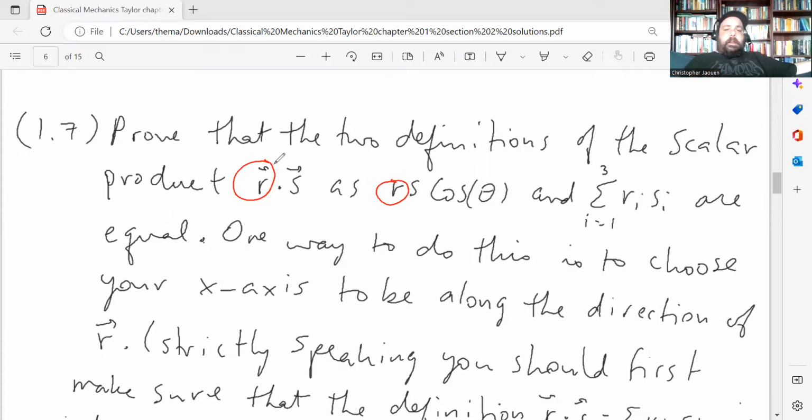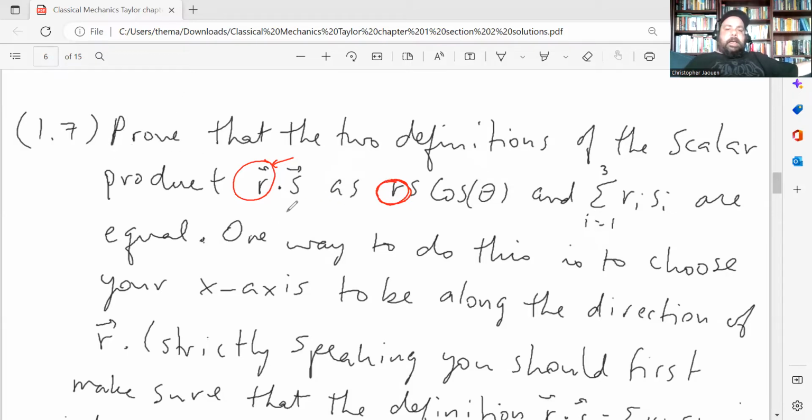For the vector r, in the book he uses boldface, but since I can't write boldfaced on paper, I usually use an arrow on top to denote a vector. In the Taylor book, to denote the magnitude of that vector, he just writes the letter not bold-faced, but the way I'll do it is I'll just write it without the arrow.